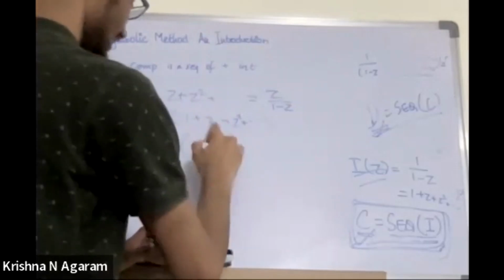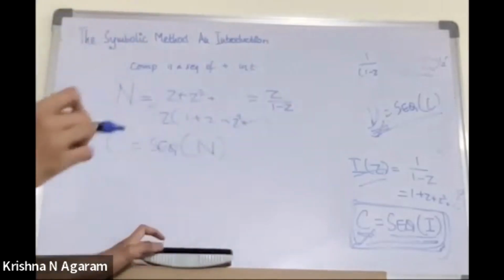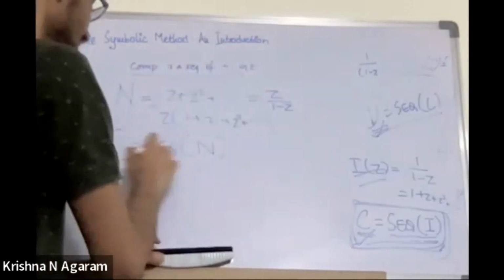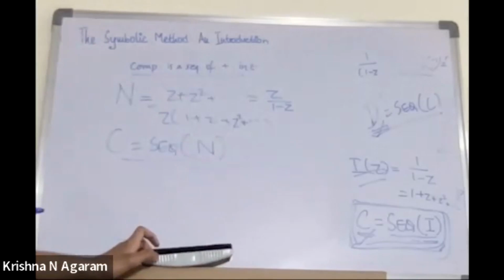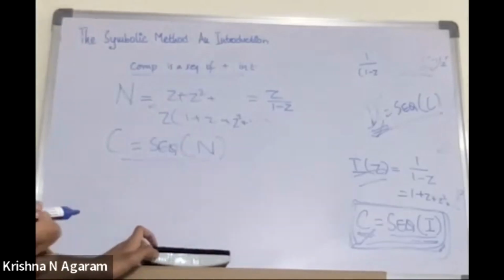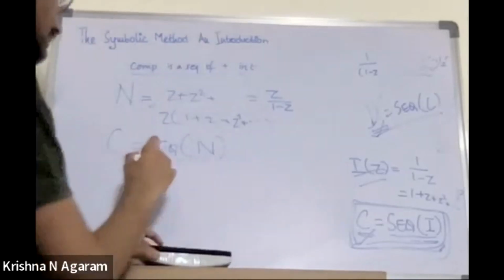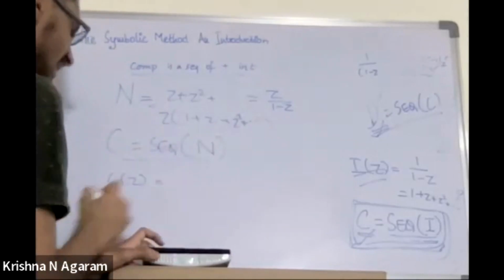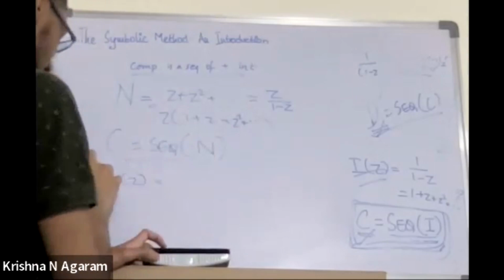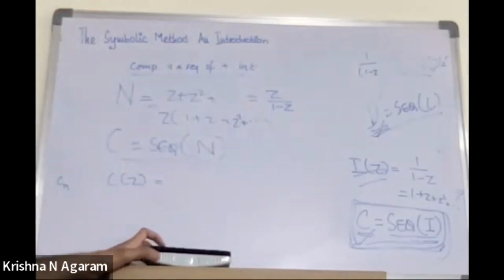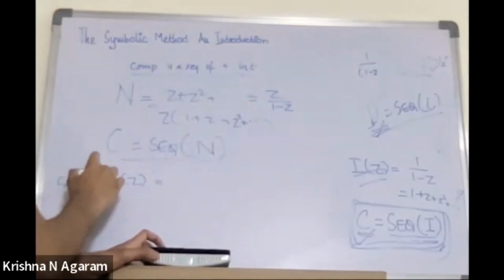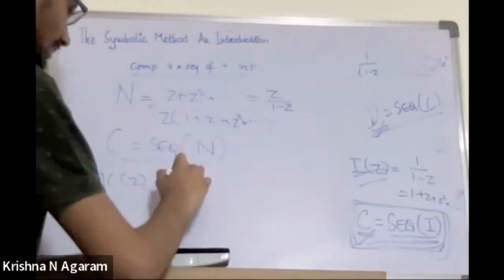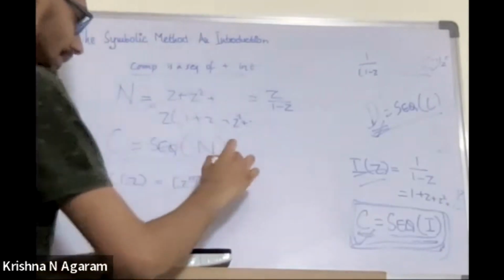So now a composition is actually, my bad, not a sequence of I, it's a sequence of n. Is that clear? I just wrote the English in this.